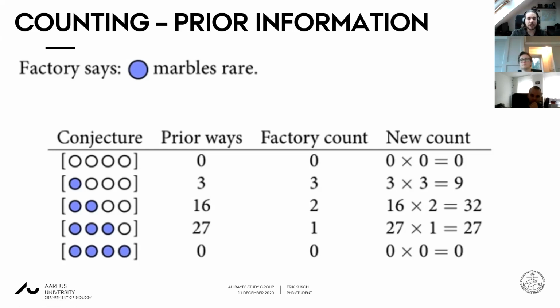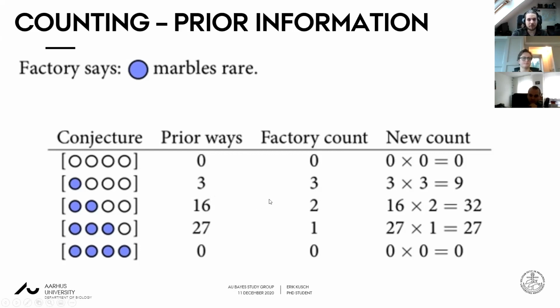And instead of looking at these in solitude by themselves, instead of saying, well, with a 1/2 chance, because it's 3 out of 6, we have a bag with just 1 blue marble, we can multiply the factory count and the prior ways that we identified on the previous slide to get to an improved understanding of what the actual probability is, or likelihood that we have a bag of a certain type.